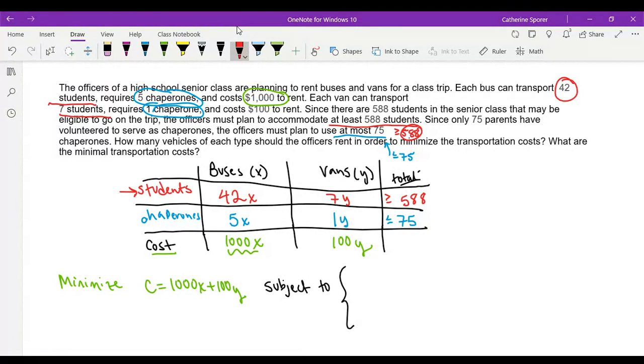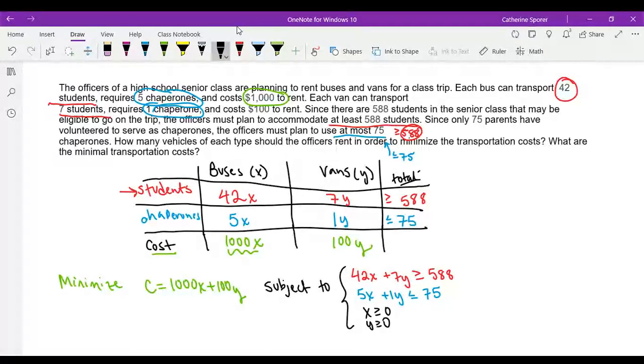The inequality that has to do with the students is that 42x plus 7y needs to be greater than or equal to 588. And related to chaperones, 5x plus 1y is less than or equal to 75. Then we also can't have a negative number of buses or vans, so we also need the restrictions x greater than or equal to 0 and y greater than or equal to 0.